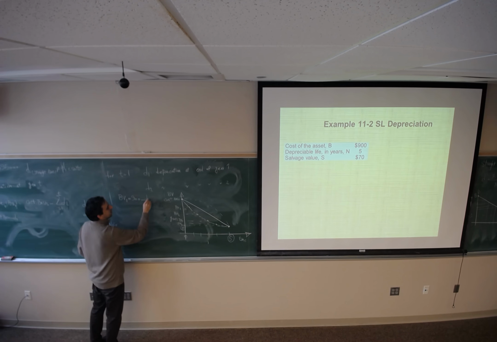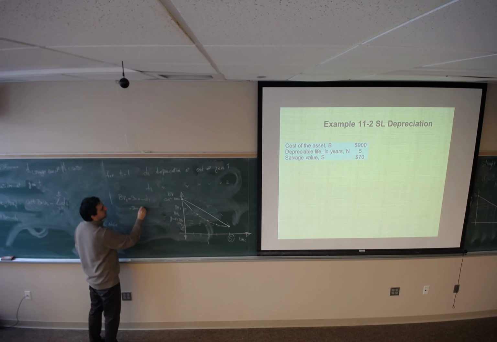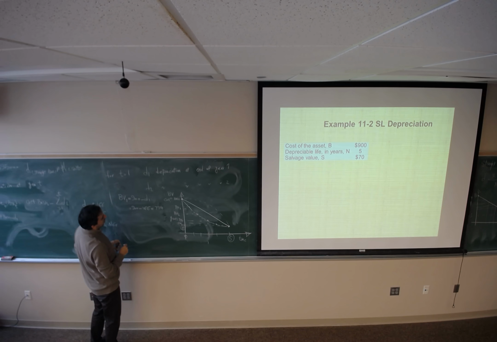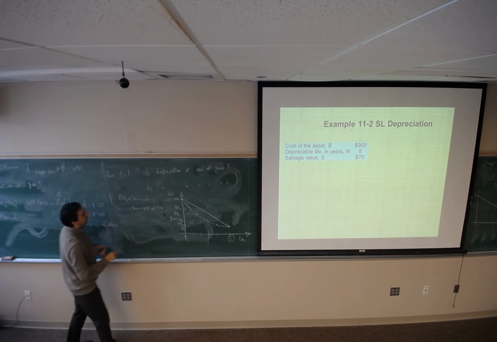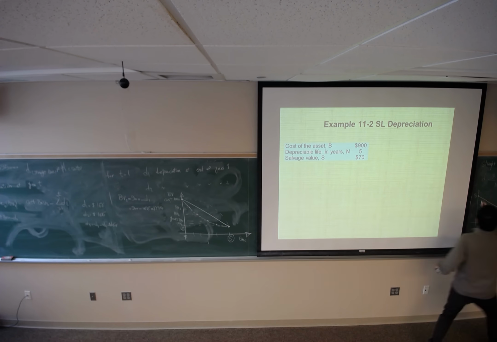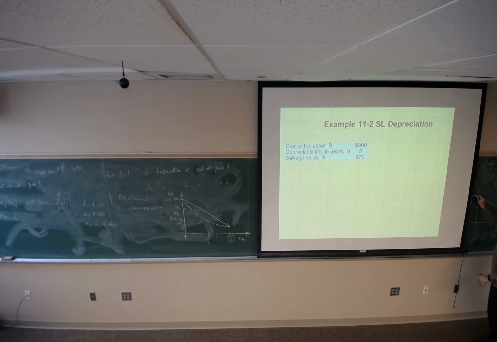D1 is 166, so 900 minus 166 is 734 dollars. So the book value is 734.